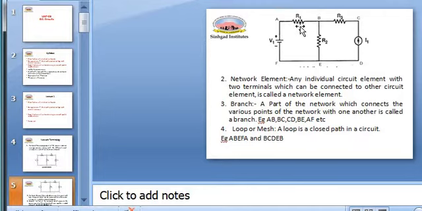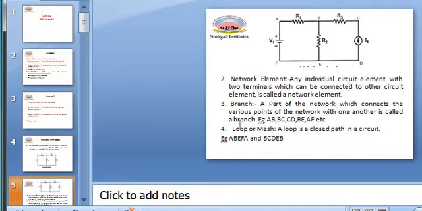For example, this resistance R1 has two terminals A, B. These two terminals can be connected to other circuit elements. This is connected to this voltage source, this resistance 2, and this resistance 3. Right? So any individual circuit element with two terminals which can be connected to other circuit elements is called a network element.